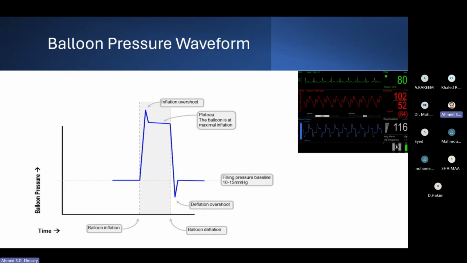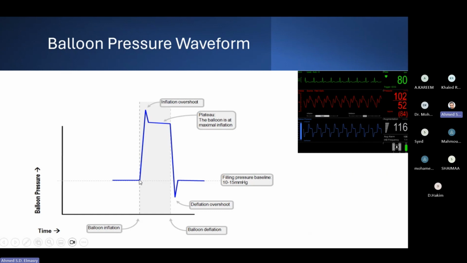The next part is about the balloon pressure waveform. As you see, these are the ECG, the arterial waveform, and this is the balloon pressure waveform. And this is the normal graph of the balloon pressure waveform.